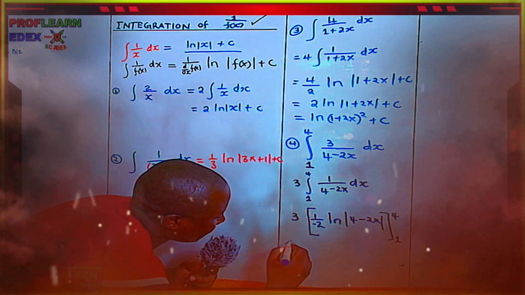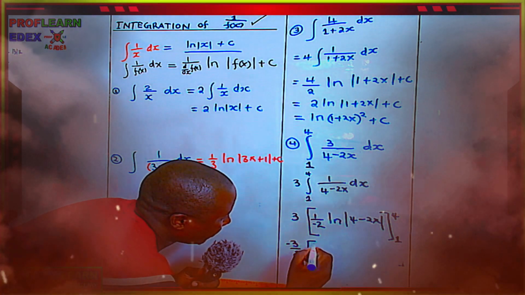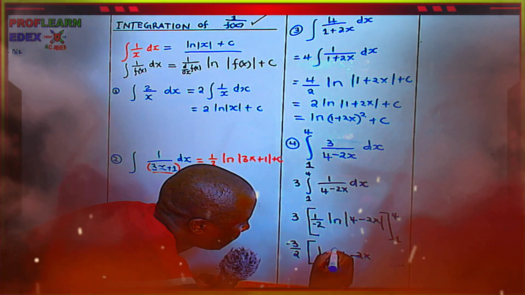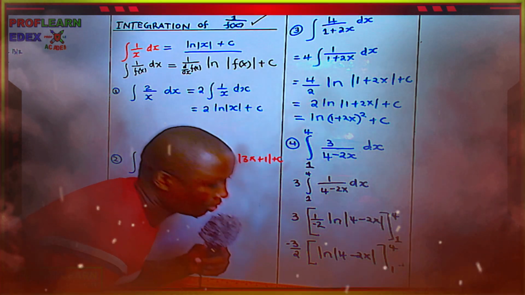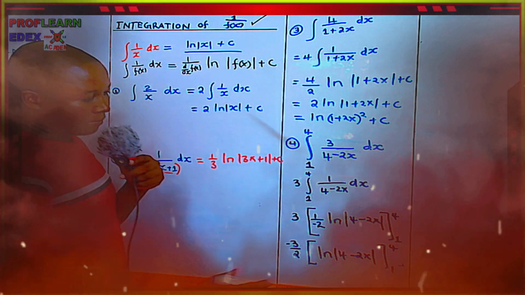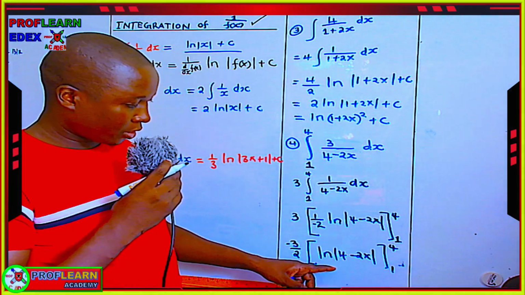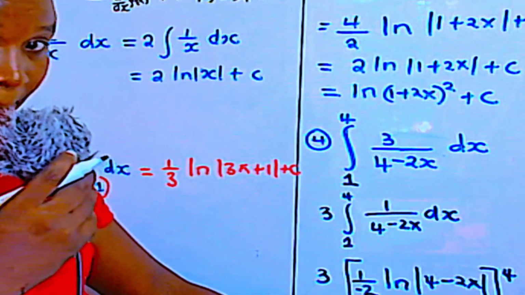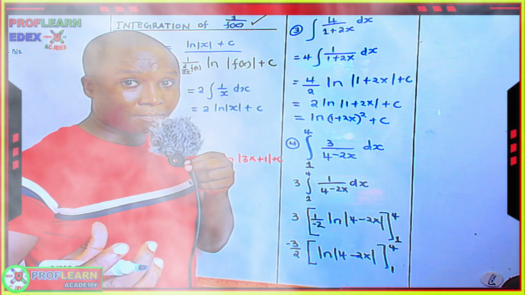So this is going to be negative 3 over 2 into bracket ln of 4 minus 2x, then the limit remains 1 all the way to 4. Now we are going to substitute 4 anywhere we have x, and then substitute 1 anywhere we have x. Then we subtract them.